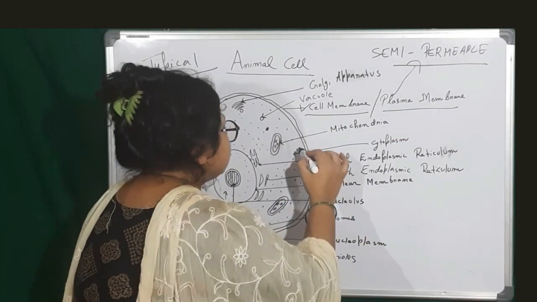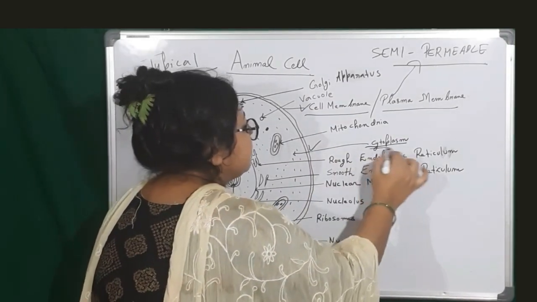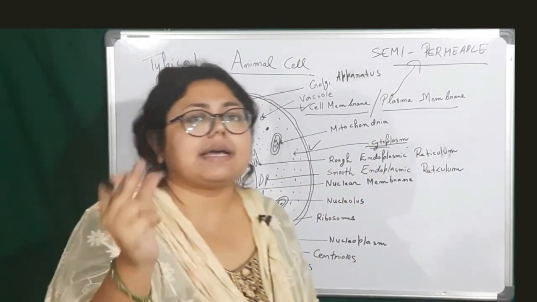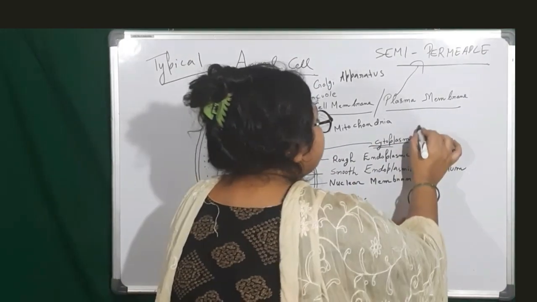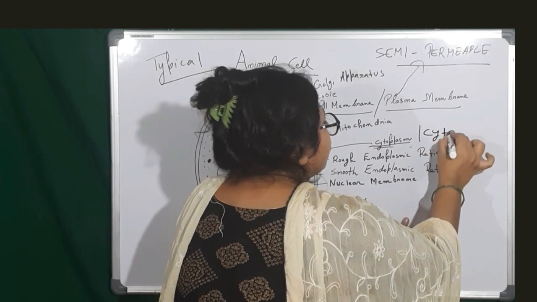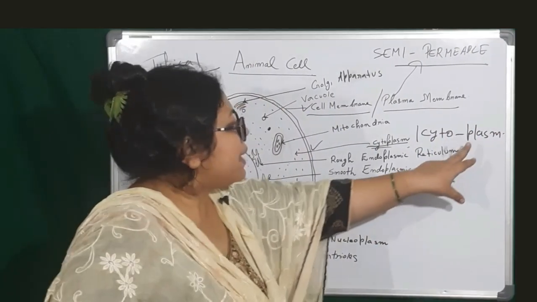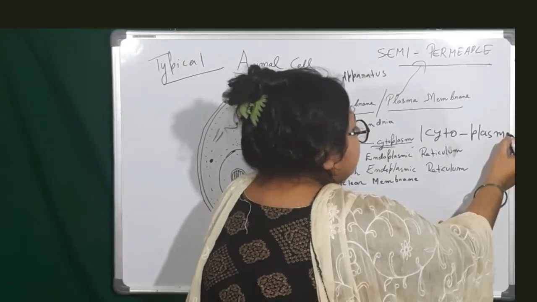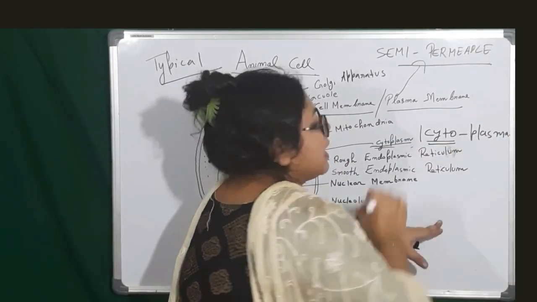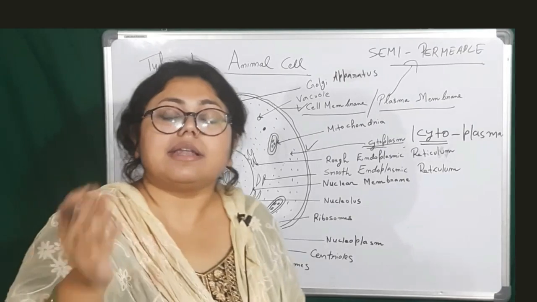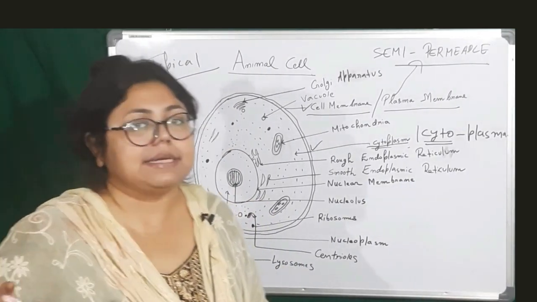Then we come to the cytoplasm. If I break the word into cyto and plasm, plasm means plasma and cyto means cell. If you read it in this way, it will never go out of your mind.